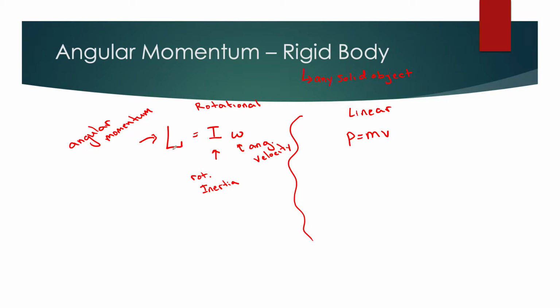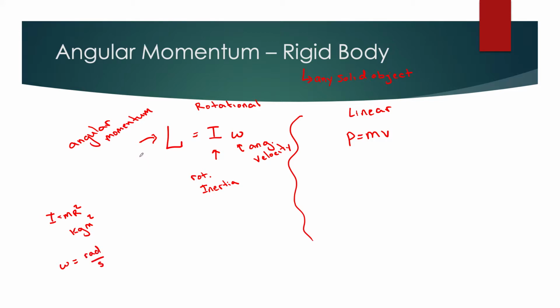It has some interesting units. Because the units for I are, if you remember the equation, I is mr squared, and so the units would be kilogram meter squared. And for omega, omega is radians per second.